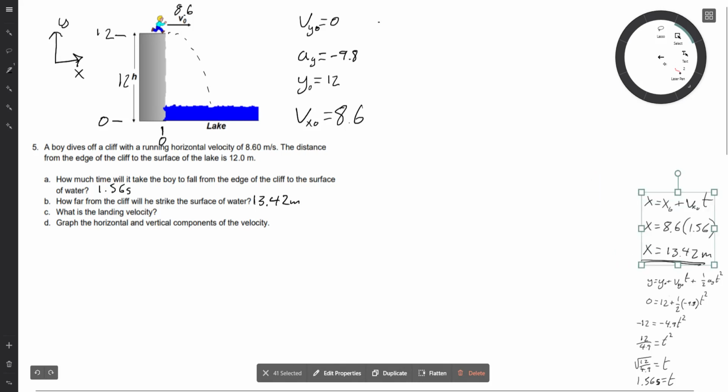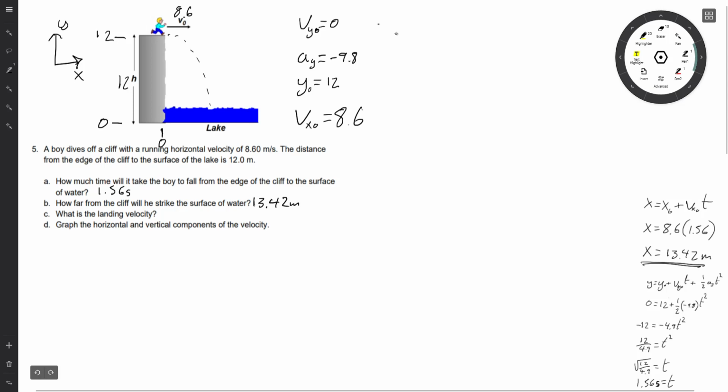So now we're going to take a look at what the landing velocity is. To find the landing velocity, we need to realize that he's got two different components of velocity. He's got a horizontal component of 8.6 meters per second, but he also has a vertical component, whatever velocity in the vertical direction he has gained over that time, whatever he's built up in that 1.56 seconds.